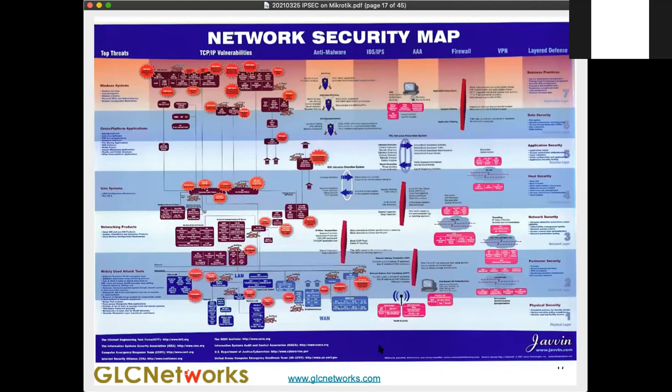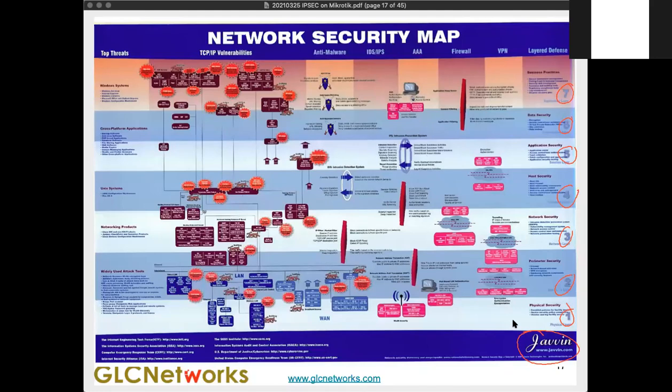This one is a little bit small. As you can see, we already have the seven OSI layers, from layer 7 until layer 1. And in every layer, we have protocols. This is from Javvin.